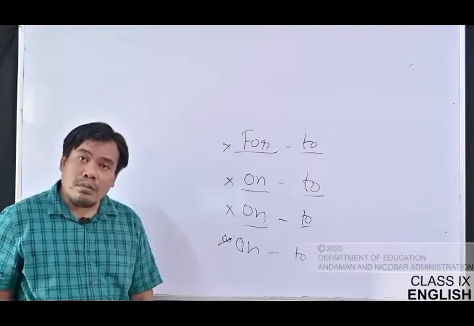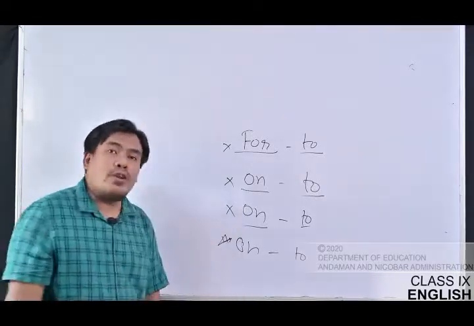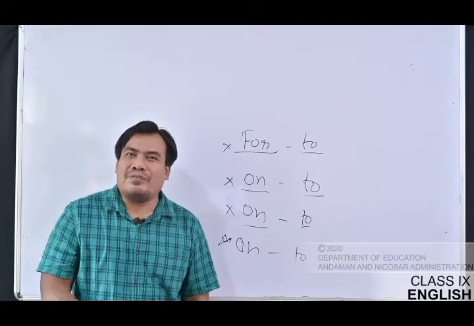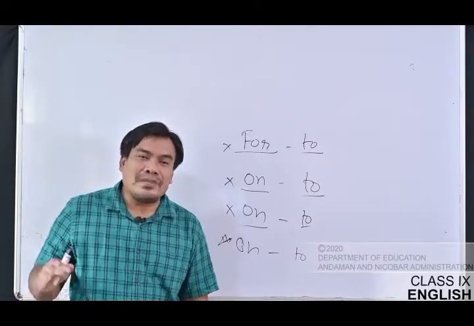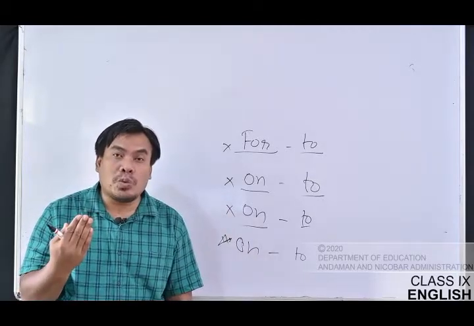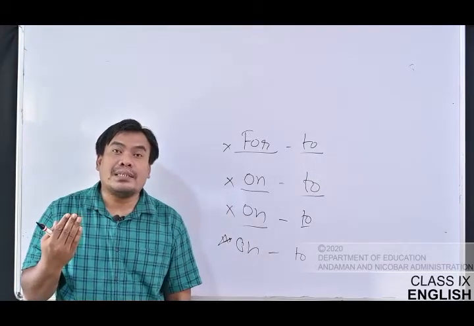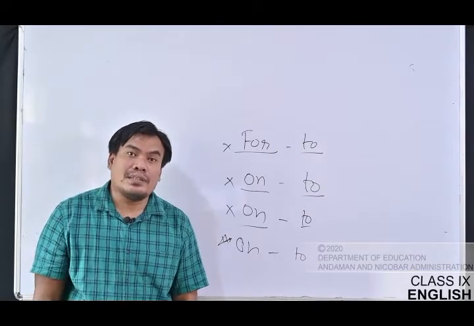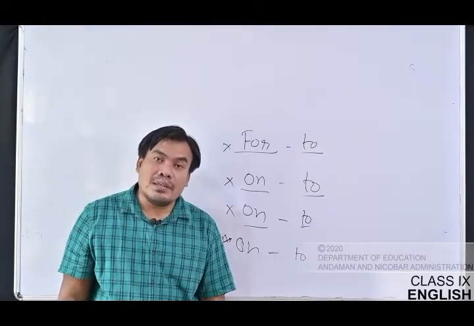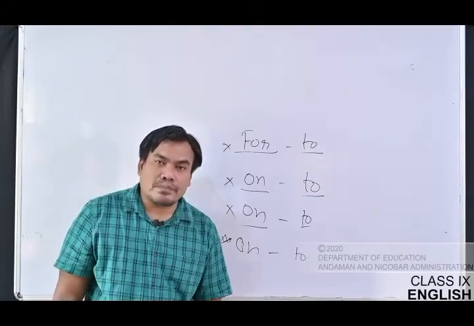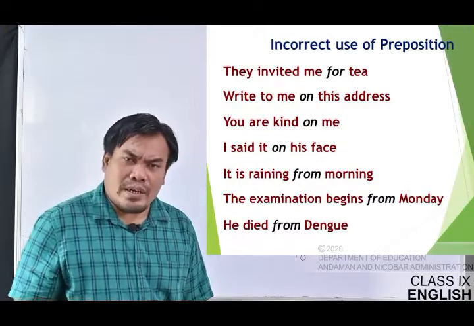On would not be used over there, and it will be incorrect if you use that. So you just have to say to. I said to his face, not on his face.